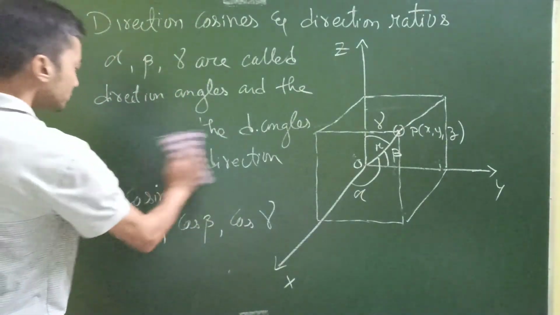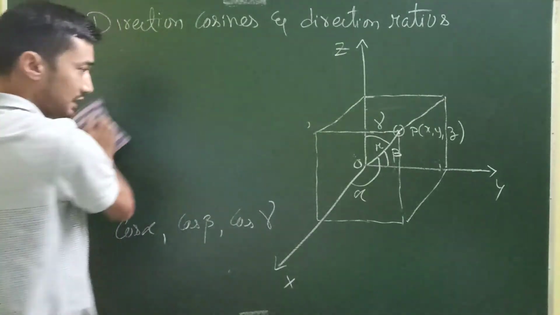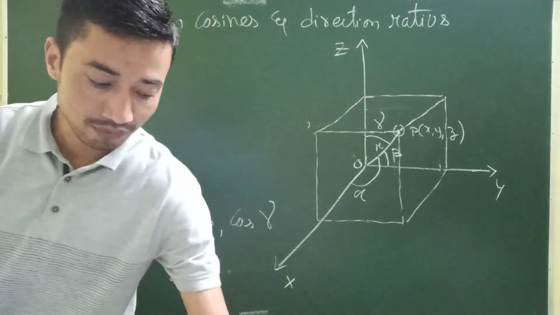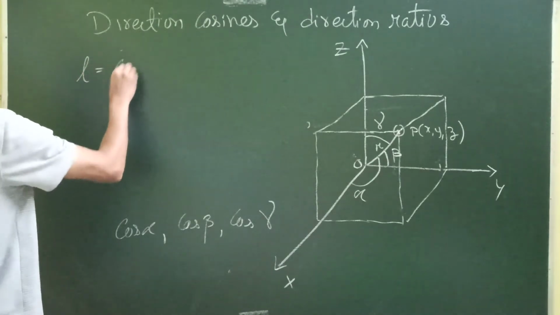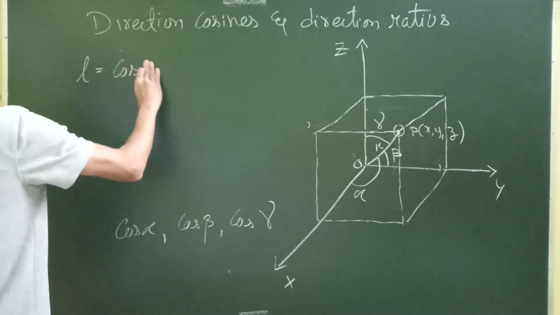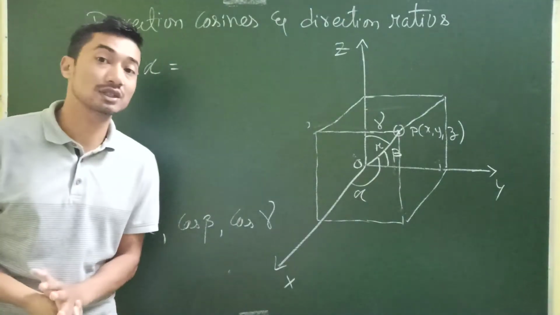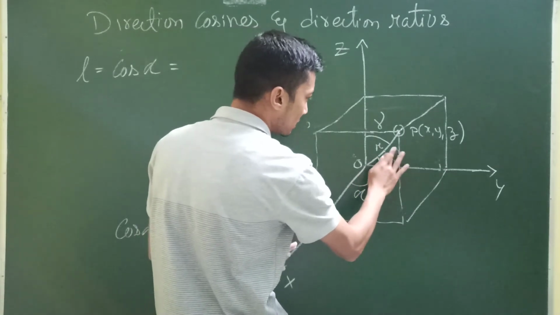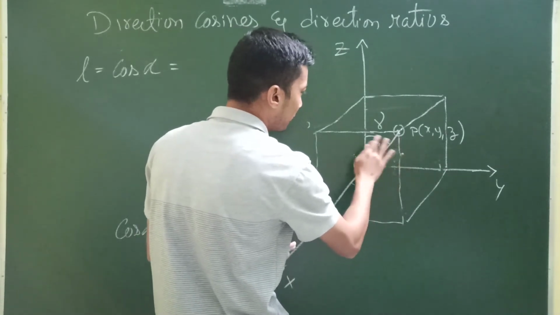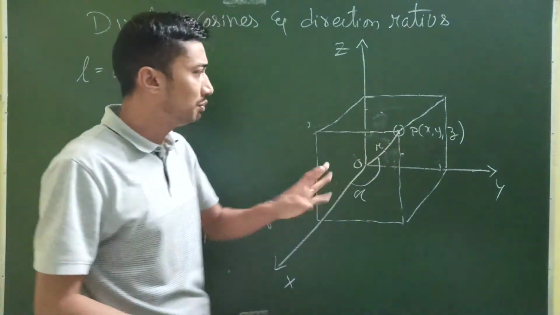Now, there are some relationships which we will have to understand. Let's say it's also denoted by l. l is actually cos alpha, another way to denote. Now, if I have to find out this cos alpha, let me rub the other parts for the time being. Now, remember this point P is in space.